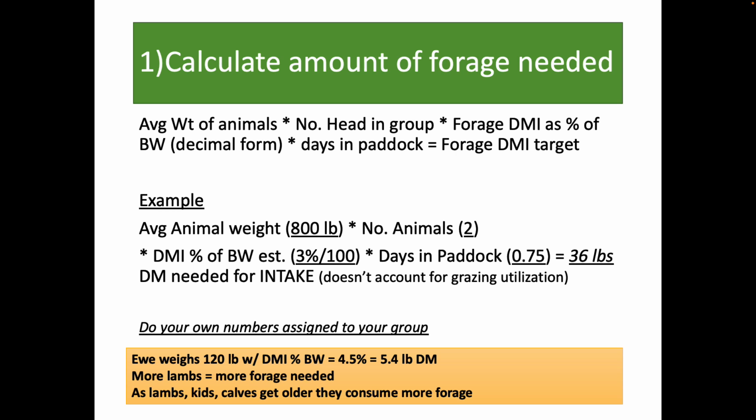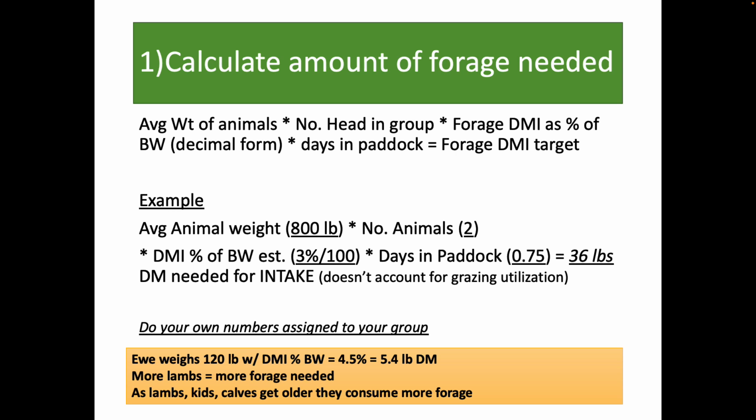Do y'all see that? When you take 1,400 pounds times 2 animals, that's 2,800 pounds. You're going to multiply that by 3 divided by 100, or 0.03. Okay?